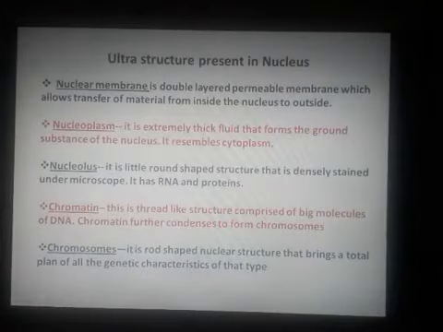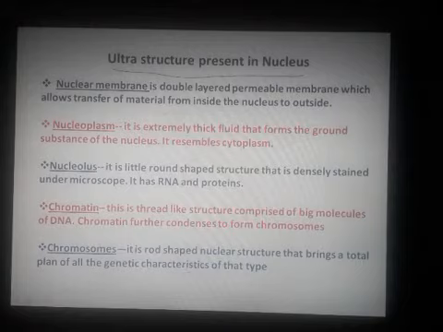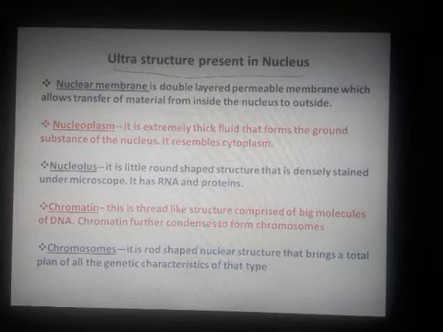Now here the topic I have written is ultrastructure. Ultrastructure means this is a structure you cannot see using a compound microscope. You need a powerful microscope like an electron microscope to see this structure. That's why it is known as ultrastructure. The nuclear membrane is a double-layered permeable membrane which allows transfer of material from inside the nucleus to outside.